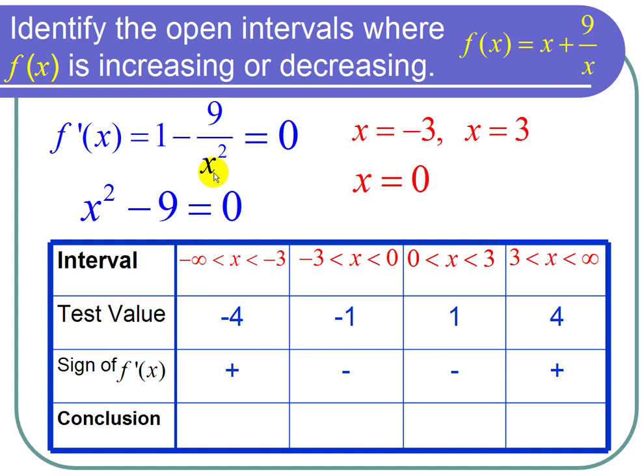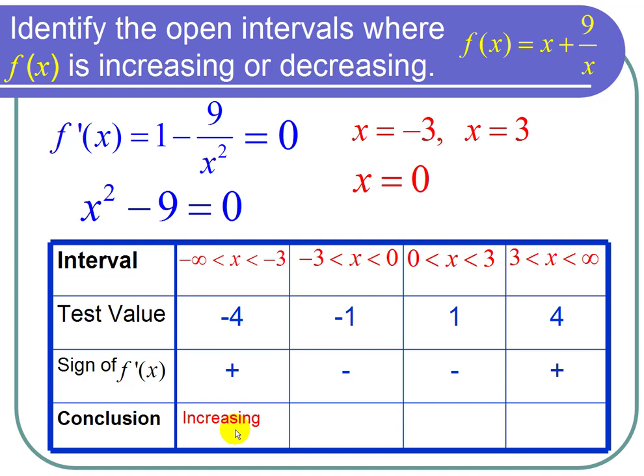So I can make conclusions now, because the theorem says that if the derivative is positive, it's increasing. So I'm going to say it's increasing in this first interval from negative infinity to negative 3. Here, between negative 3 and 0, the derivative is negative, so it's decreasing in the interval from negative 3 to 0.